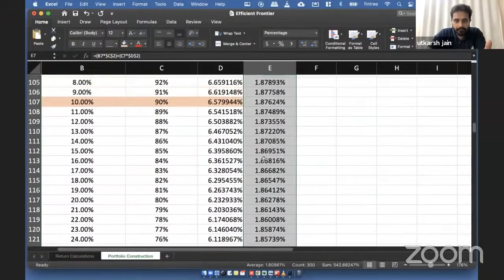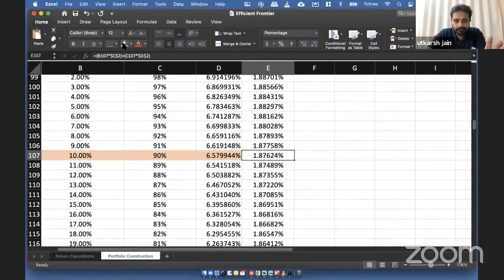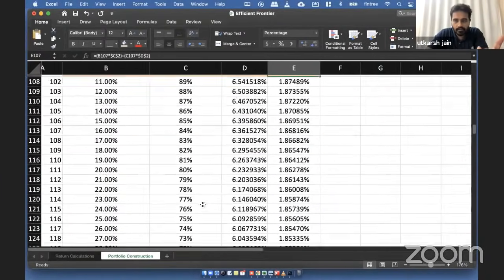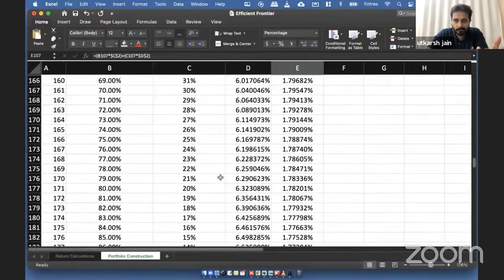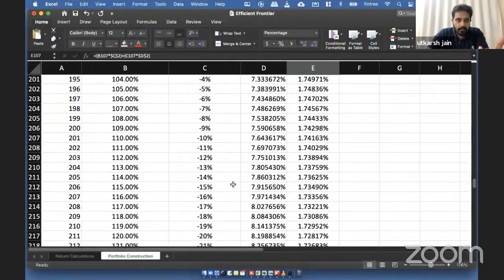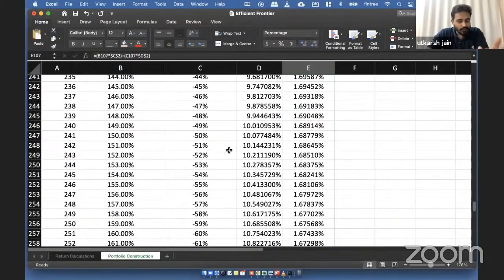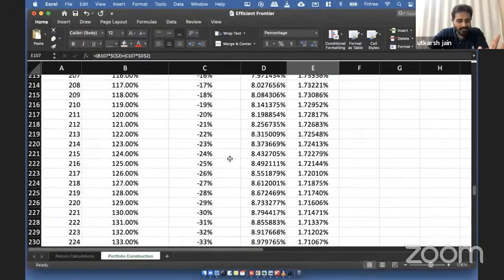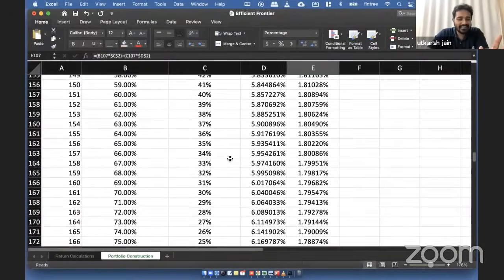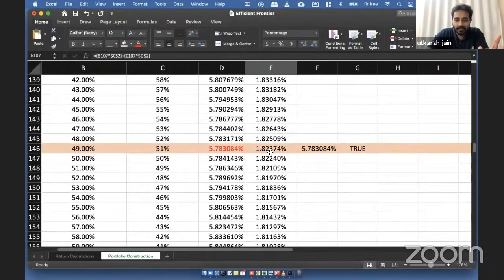So you're earning... no, that's not 140. Yes, Utkarsh. Sorry. Yes, Bob will be doing that. Here. Okay. So here the return is 1.82374. Now, all the portfolios that give me a return more than that are the efficient frontier part, and the ones that give me less are the inefficient frontier part.